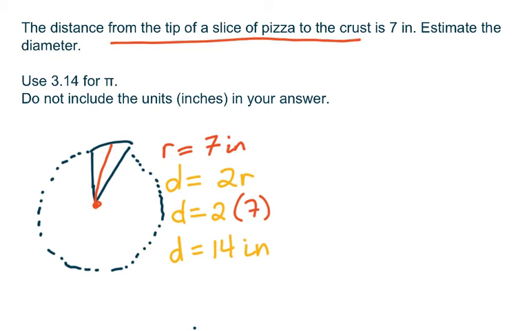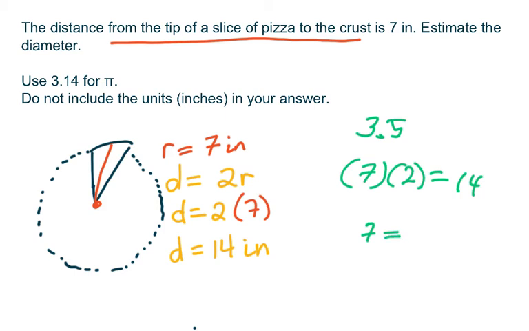If you chose the wrong answer of 3.5, you were on the right track, in that you knew that there was a doubling relationship, but instead of taking the 7 and multiplying it by 2 to equal 14, you thought that the 7 was actually the whole diameter.